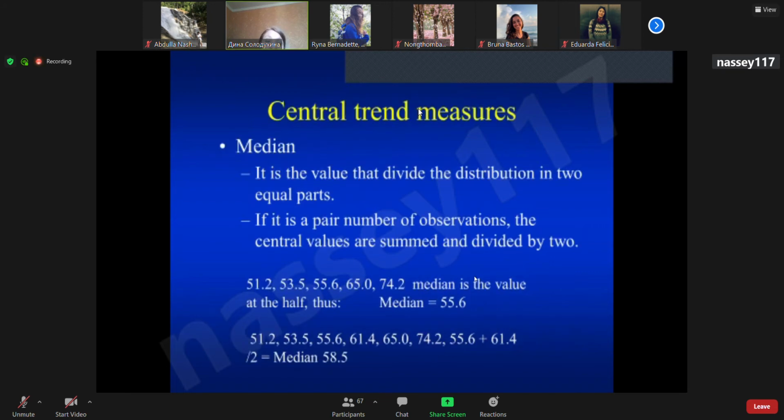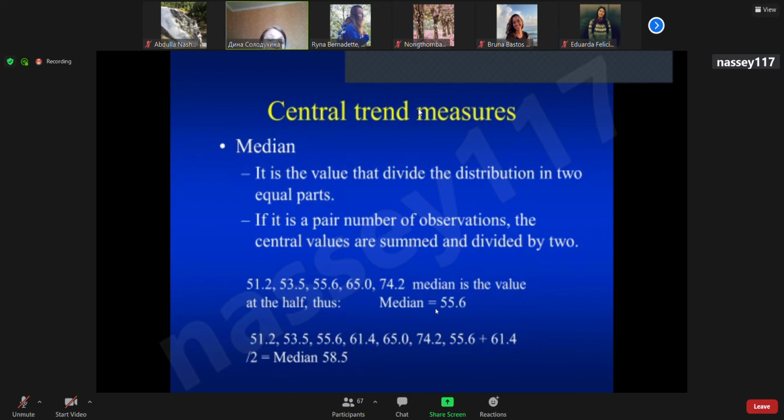The central tendency measurement, like median, is dividing the distribution into two equal parts, and it's important that the median is calculated in a bit different way if you have an odd number or even number.